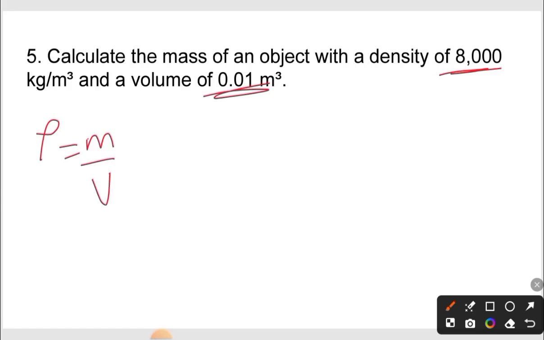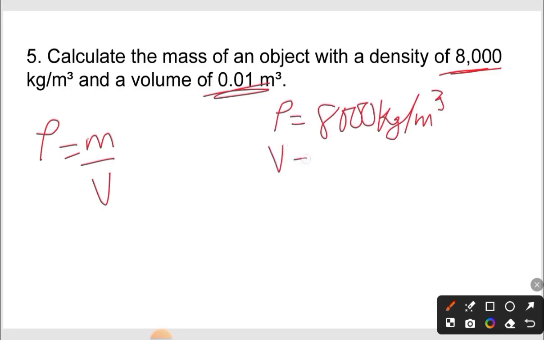From here, one thing I'll always advise you to do is write out the information every time. So density is 8000 kilogram per meter cube. The volume is 0.01 meter cube. Now, writing the information out helps you to summarize everything.